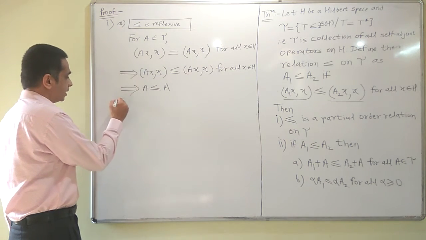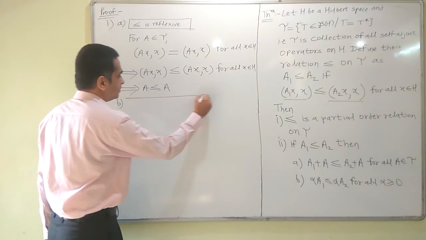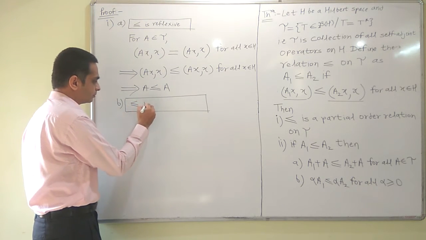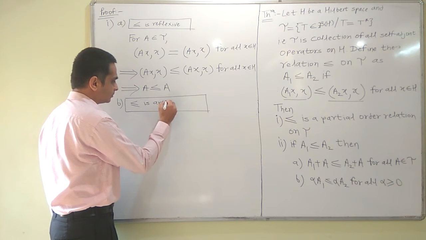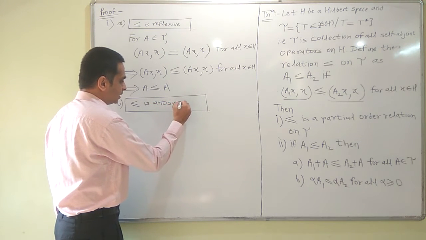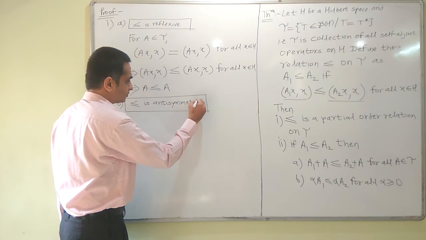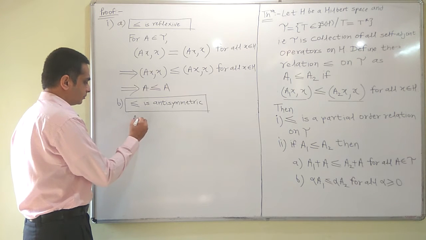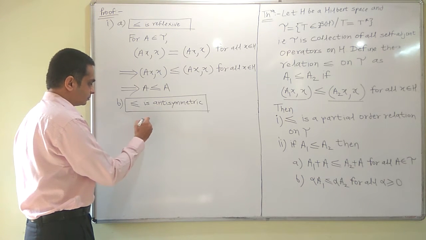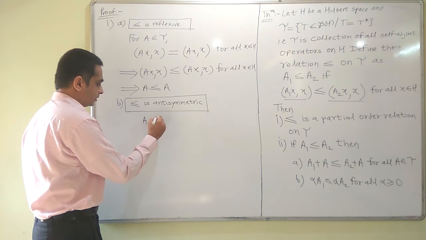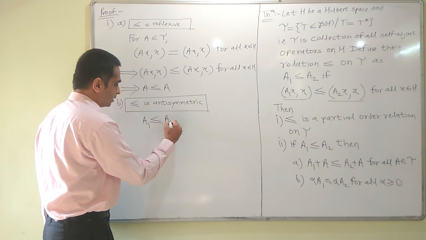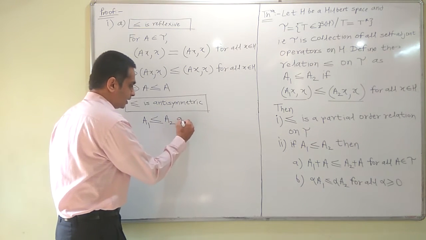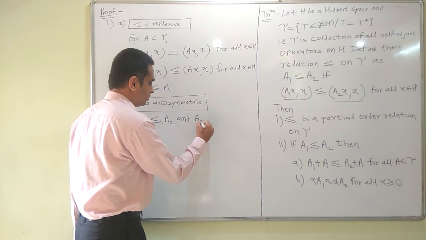Secondly, we will prove that it is antisymmetric. The relation less equal to will be antisymmetric if, whenever A1 is less equal to A2 and A2 is less equal to A1, we must have A1 equal to A2.